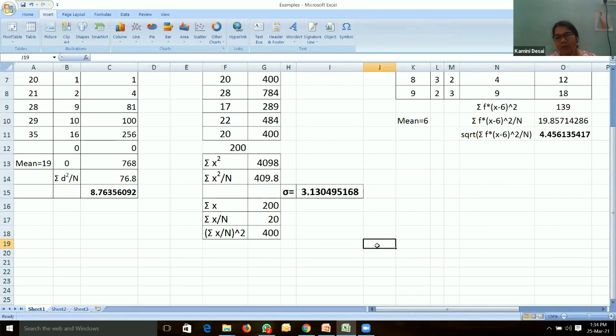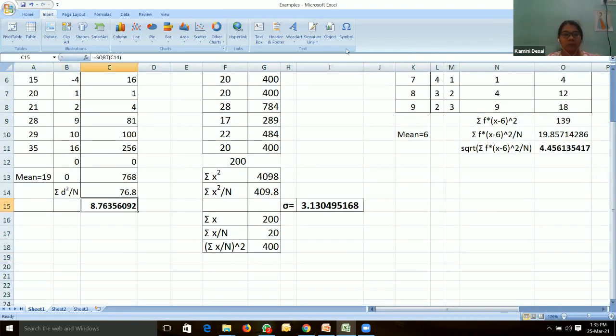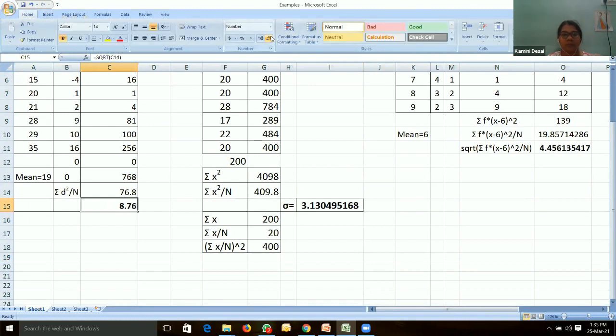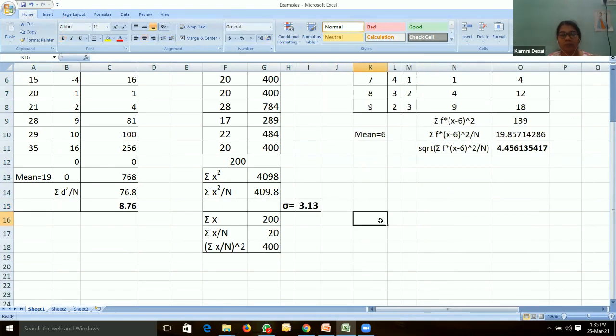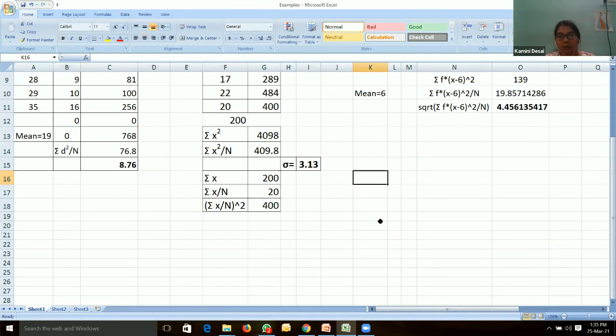Or you can write in words: sum of x square divided by n. Okay, got the answer.